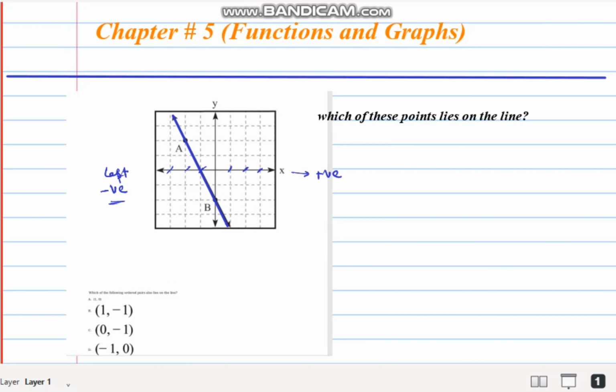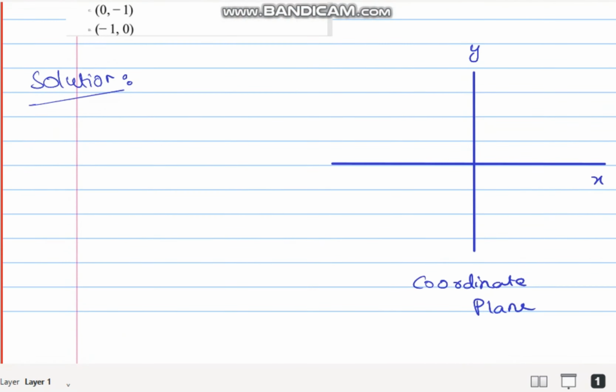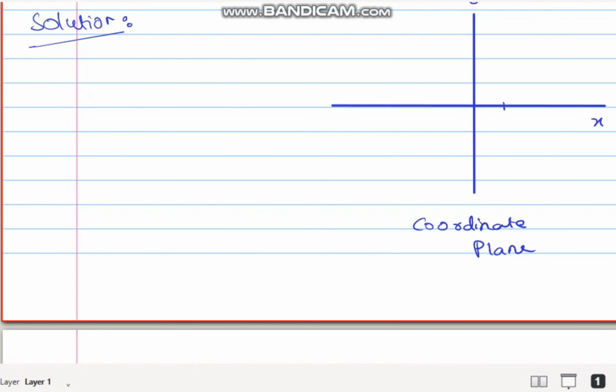This is a very important point in functions and graphs. Let me mark the points here: 1, 2, 3, 4, and similarly minus 1, minus 2, minus 3, minus 4.